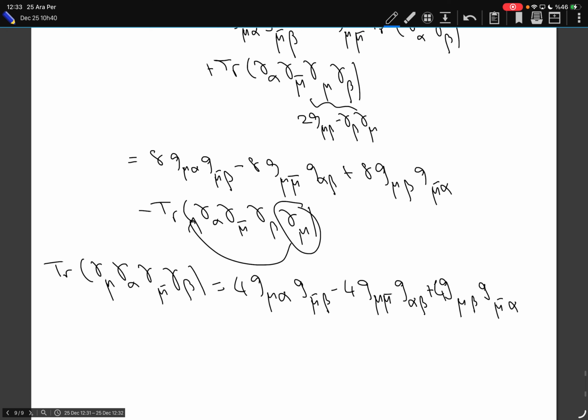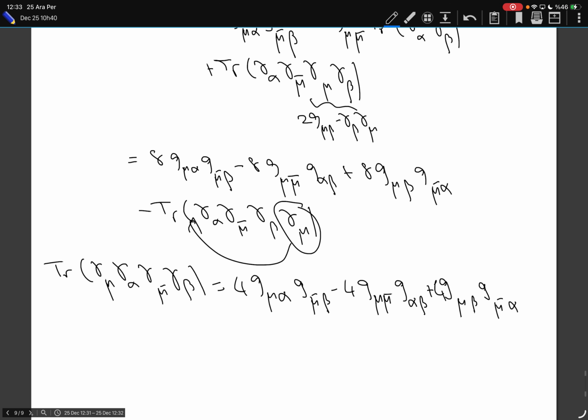And if you need the trace of 6 gamma matrices, the trick will be basically the same. Just pick the first one, or anyone in fact. Pick the first one, move it all the way to the end using the gamma matrix algebra, and when you reach the end, just move it back to the front by using the property of the trace. So you will have the trace that you want to evaluate is equal to something minus the trace you want to evaluate.